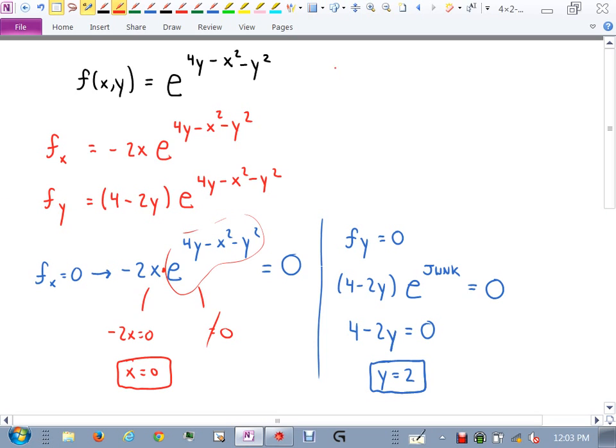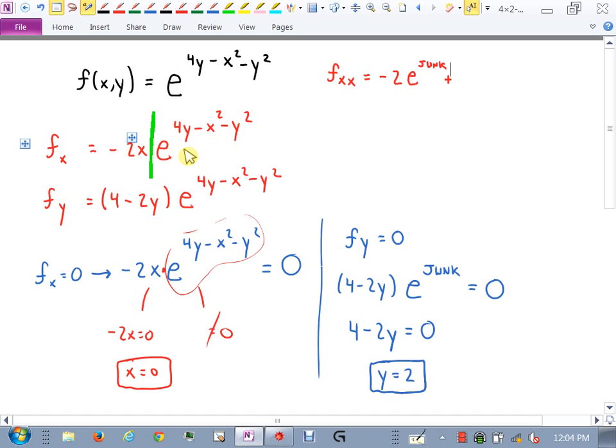All right, I'll try and squeeze fxx up here. fxx, product rule. Our product is right here. So the derivative of this one is negative 2 times this. Is it all right if I write it this way? Negative 2 e to the junk. And then product rule says plus the derivative of e to the junk. What's the derivative of this? It's this whole thing again.